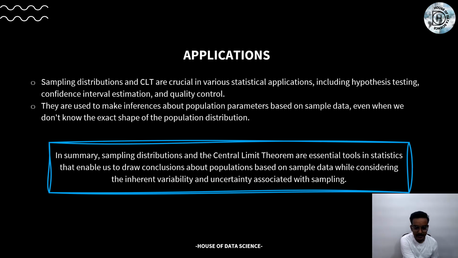In summary, sampling distribution and central limit theorem are essential tools in statistics, which enable us to draw conclusions about the population from sample data, while accounting for inherent variability and uncertainty associated with the data. So it is very important to do some calculations on your sample data, whether it is central limit theorem or the normal distribution, to get the uncertainty associated with the data, to get the confidence interval of the data. So that is the main use case of central limit theorem.